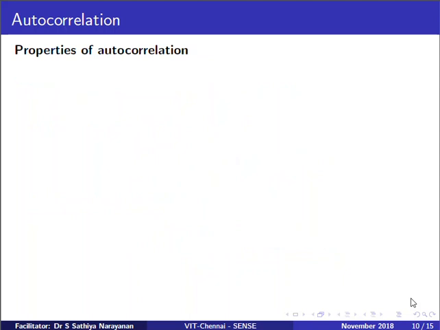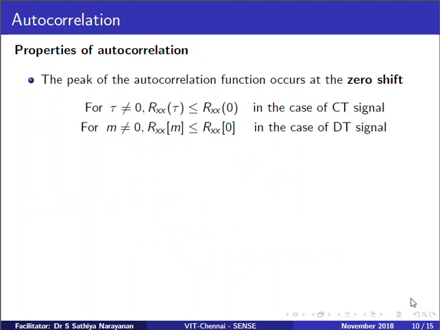So autocorrelation has certain properties. First, the peak value of the autocorrelation always occurs at the zero shift. So be it continuous time signal or discrete time signal, tau equal to 0 or m equal to 0 will have the maximum rxx of tau or rxx of m.